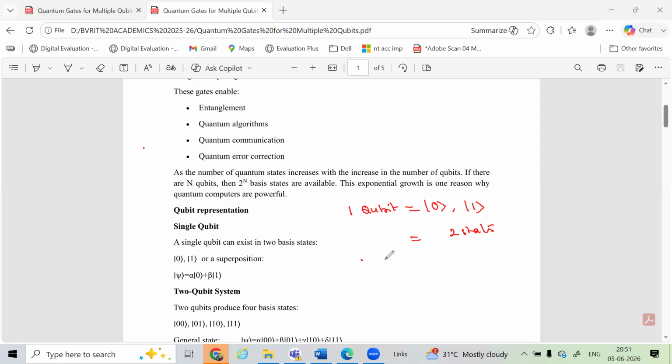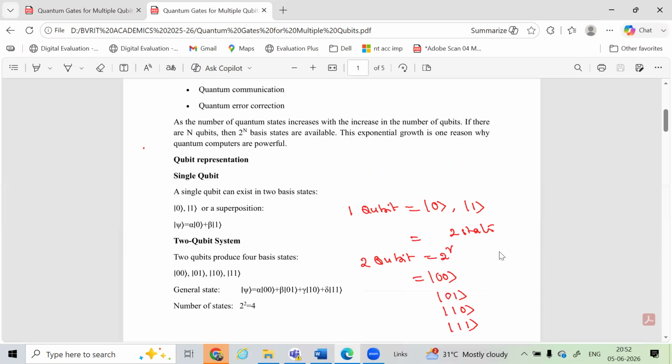Similarly, if we have 2 qubits, we have 2 square states: 00, 01, 10, 11. So for the 2 qubit case, we have 4 states. But how can we represent these four states as a superposition?